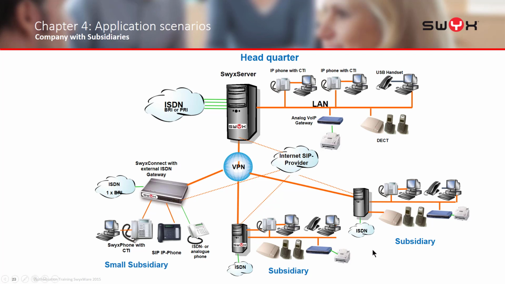It will actually go over the ISDN or the SIP trunks and be a standard telephony call. But you still have all that connection and unified operation of one system across the network.